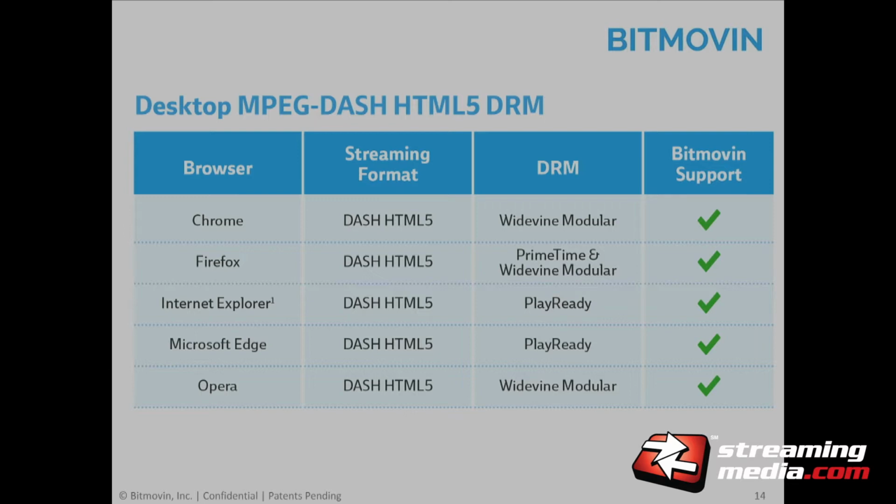Internet Explorer and Edge are going for PlayReady, and Opera goes also for Widevine Modular. So all those different DRM systems can be combined in one form of the content, in one stream. Common encryption enables that the stream has multiple DRM systems which are supported, and that's a great achievement by common encryption in general.